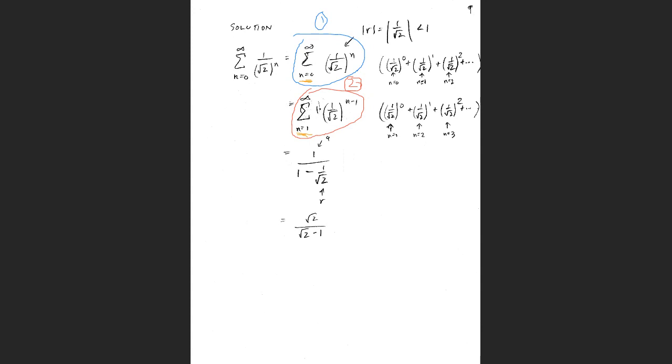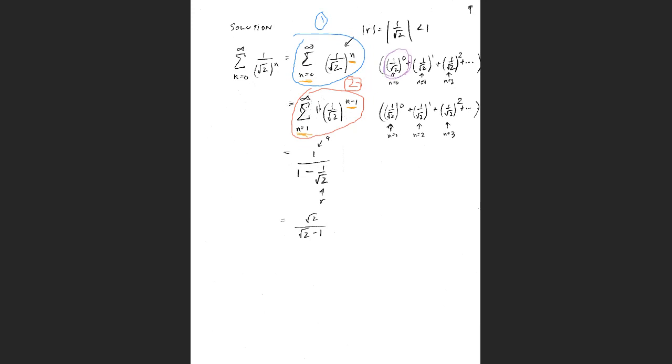Okay, well that means I have to adjust my nth power to the n minus first power so that both series start off with the same value. The first term of the first series, when n equals 0, is 1 over root 2 to the 0th power.